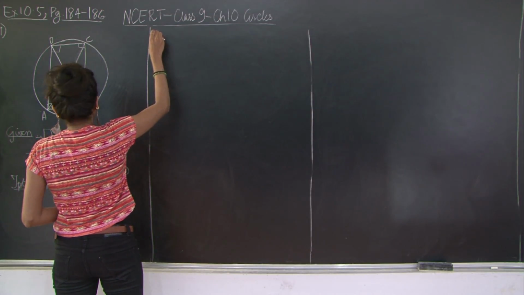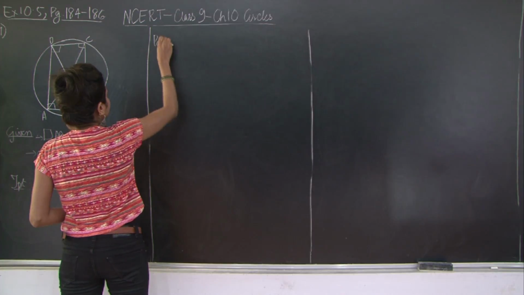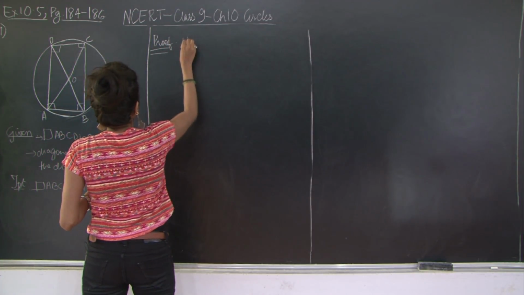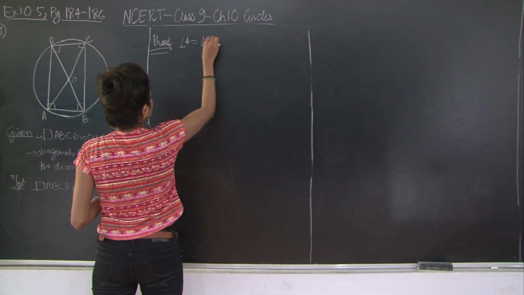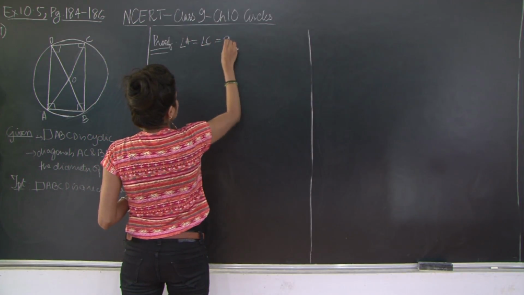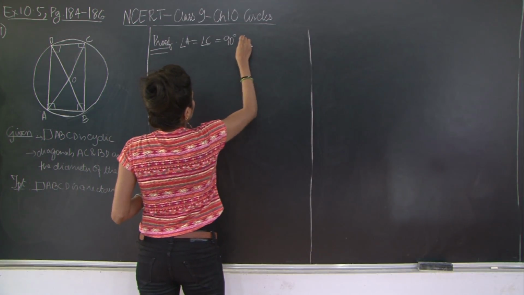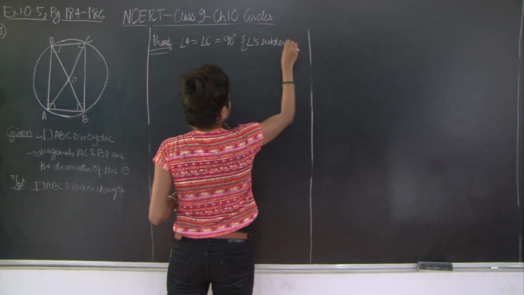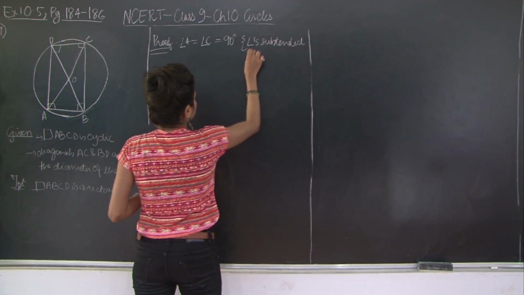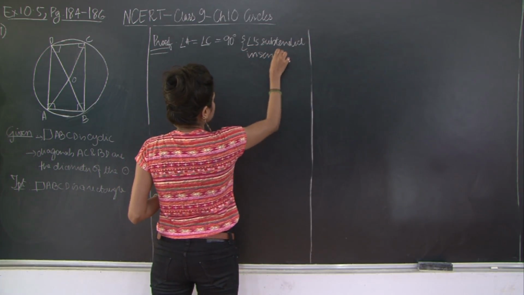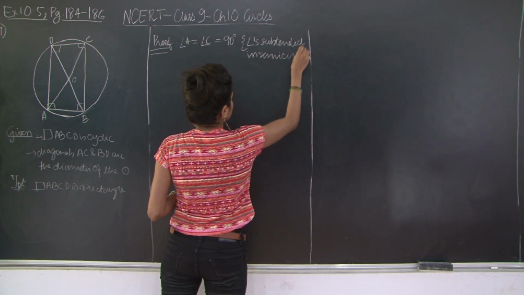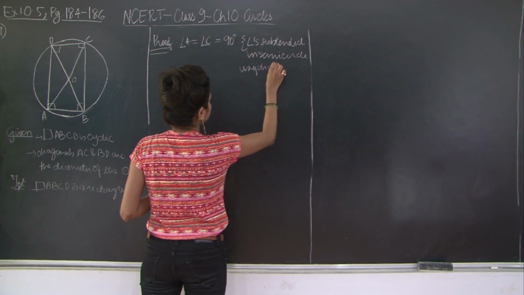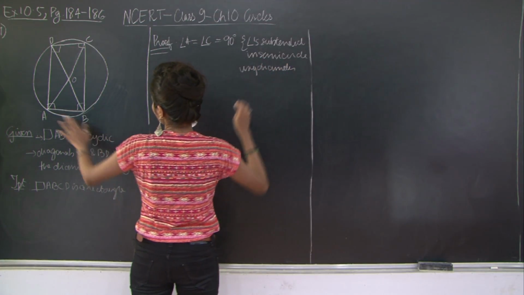So, I will say proof: angle A is equal to angle C is equal to 90 degrees, angles subtended in semicircle using diameter. So, which is the diameter for angle A and C?